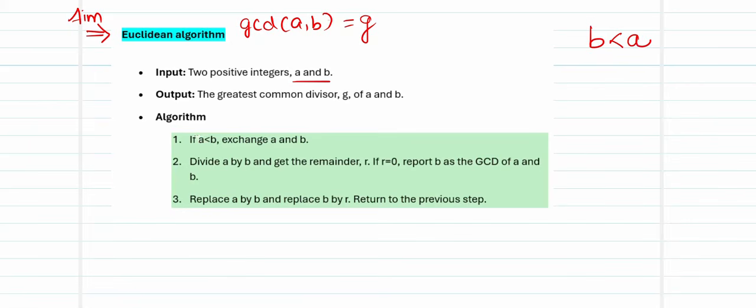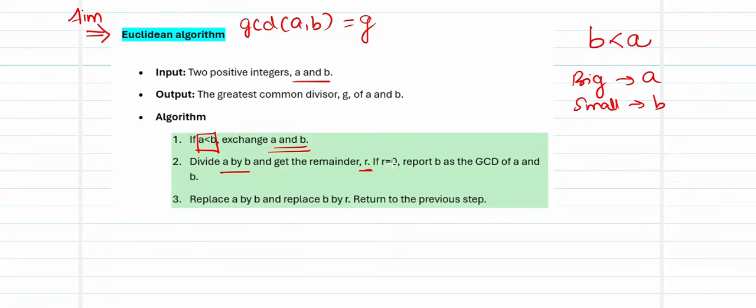So in case you have a less than b, then you will have to exchange your a and b. So always the biggest number becomes your value for a and the smallest number becomes b. The biggest number becomes a and the smallest of the two numbers becomes b. Now, you will have to divide a by b, and then you will get the remainder r.